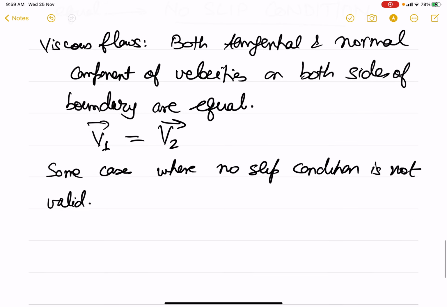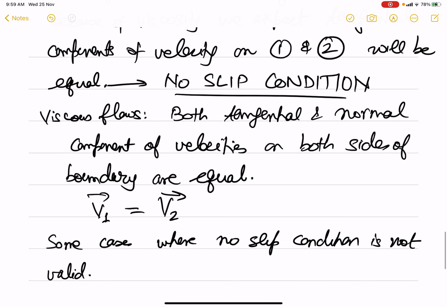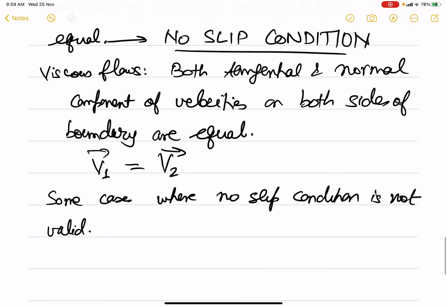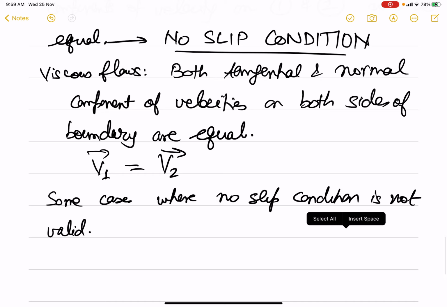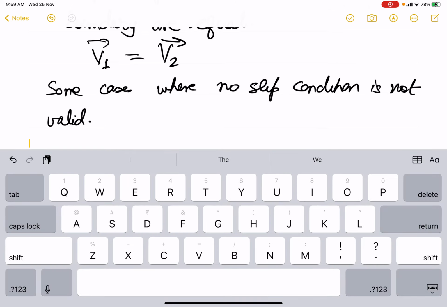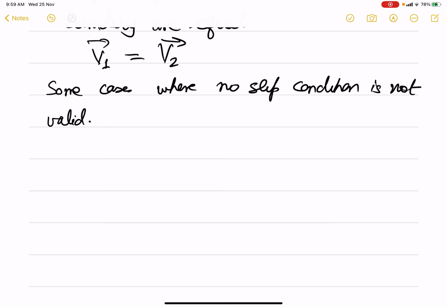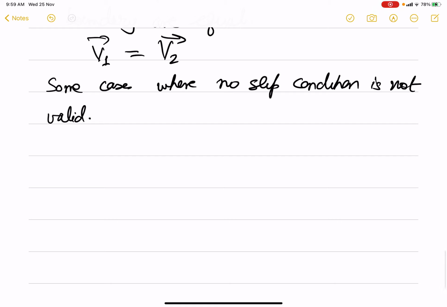And once again, because there is no particular reason for no slip condition, no formal reason for this, the only test of the no slip condition is that you solve your equations using no slip boundary condition, and if you get the right solution, you say it works, otherwise you say it does not work. And as I said, there are some cases where no slip boundary condition is not valid or is not used.